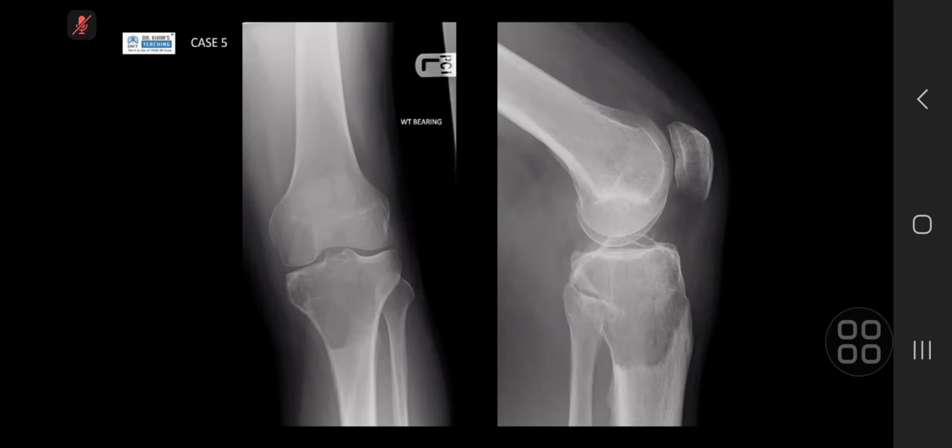This is extending to the articular surface. In this mature bone, I will go with giant cell tumor. I don't see any fracture of the surrounding cortices. I don't see any soft tissue mass. So this is a giant cell tumor for the patient.